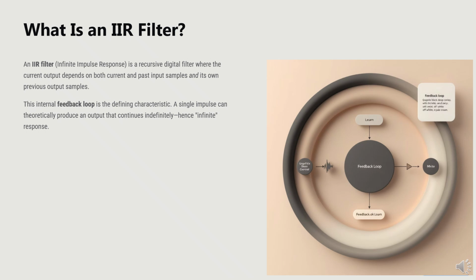Since it is an impulse, there will only be an initial input at time equal to 0, and after that the input will be 0, but the output will not be 0; it will be a portion of the previous output. At time equal to 1, the output will be, say, 0.9 of the previous output, which was 10, so it will be 9. Then again it will be 0.9 of 9, which is approximately 8.1, and so on.